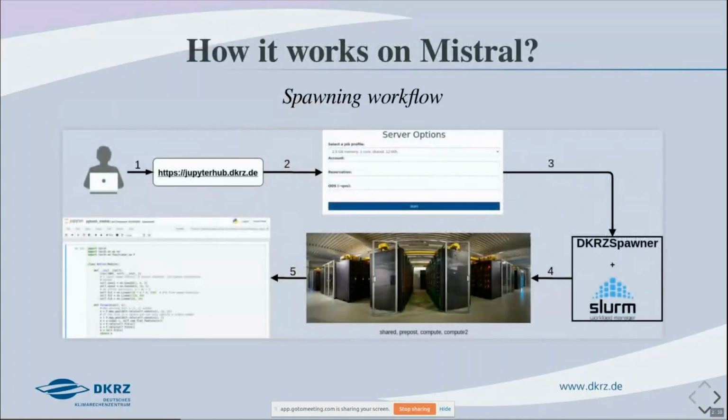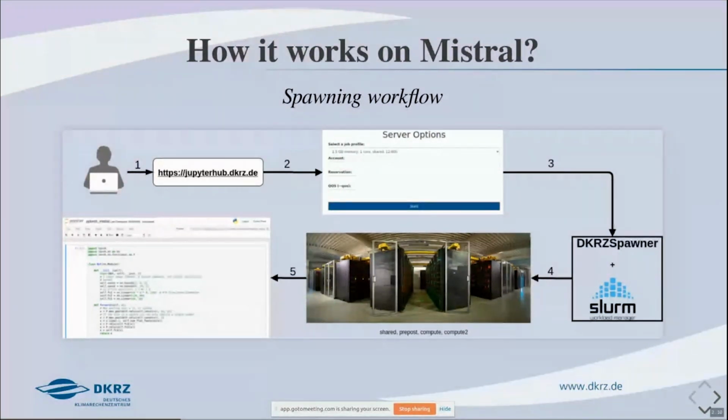On Mistral, it's a little bit different. This is how it works. You use your browser to log in to the JupyterHub server, and then you choose the spawner options. Once you enter the required information, it is the role of the DKRZ spawner.